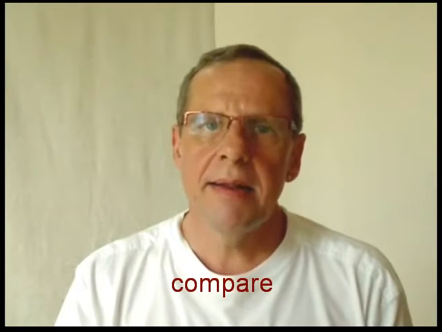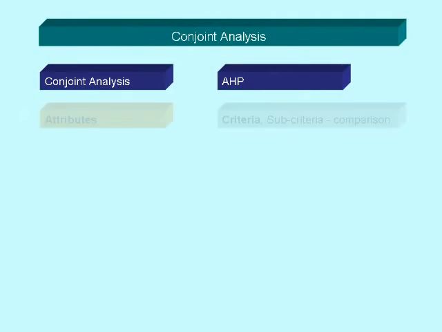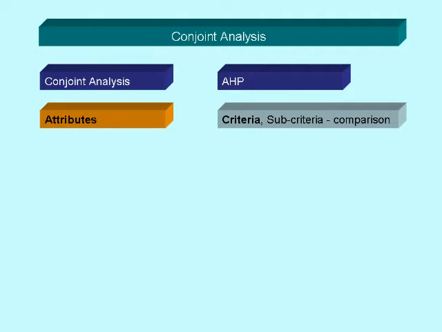Now let us compare the conjoint analysis with the analytic hierarchy process, AHP. The attributes in conjoint analysis correspond to the criteria or subcriteria which are compared in AHP.